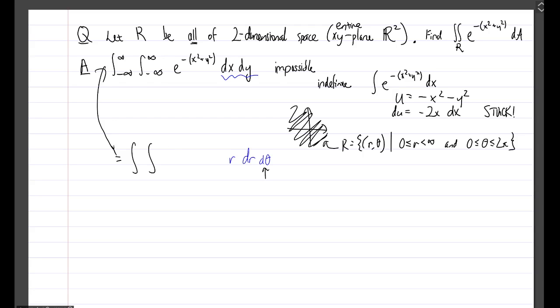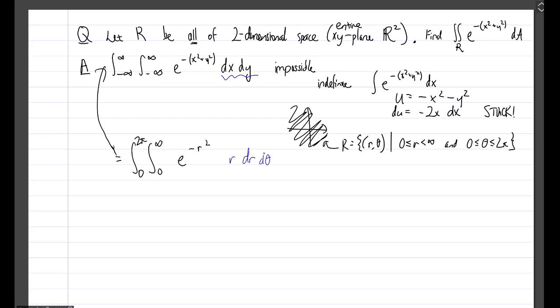Theta goes from 0 to 2 pi, and dr is on the inside, so r goes from 0 to infinity. The integrand will now be e to the negative, and x squared plus y squared we can just write as r squared.